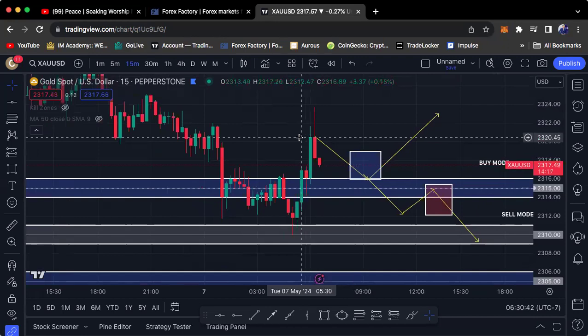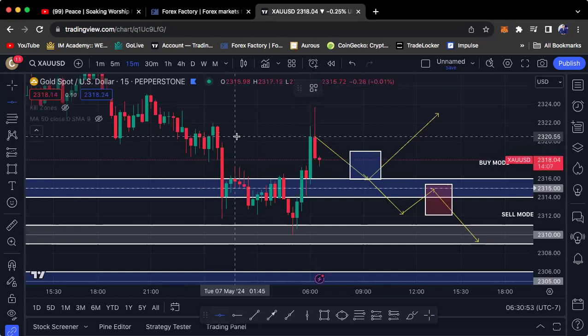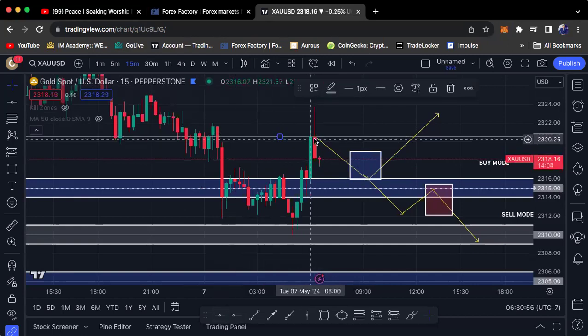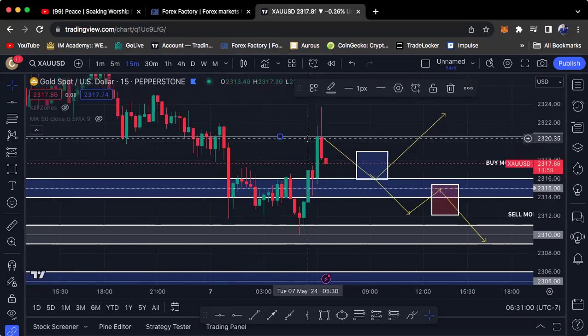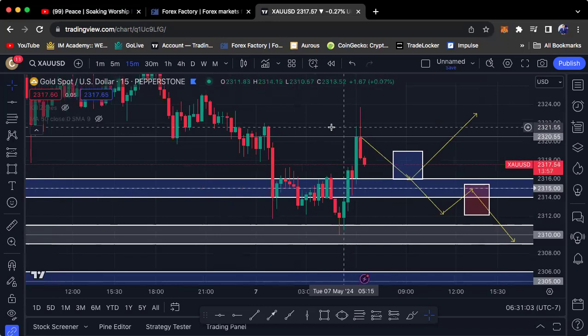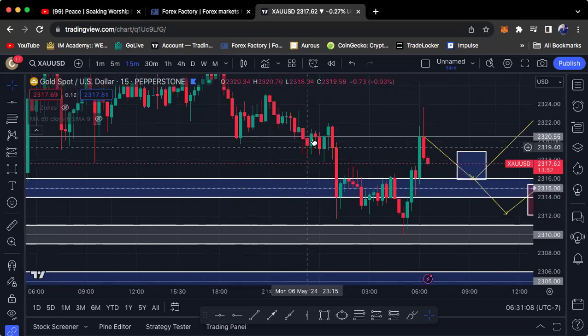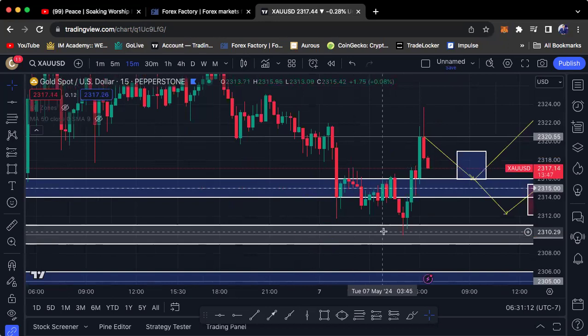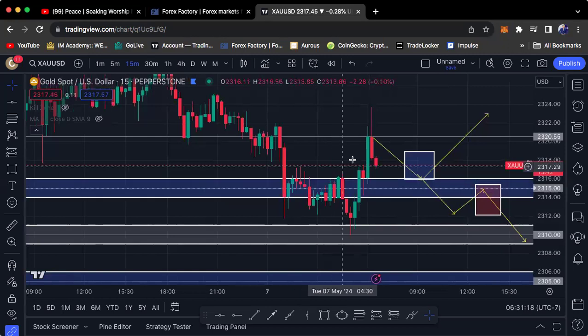So you could have caught the move for a quick scalp at 23.20, right? You see how price reacted at this key level at 23.20. Because why? Look, I created support here, broke below, resistance, came back down, support, came back up, broke below, broke above this resistance here, right?